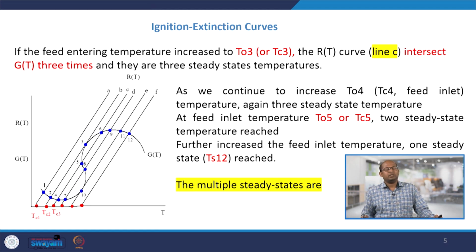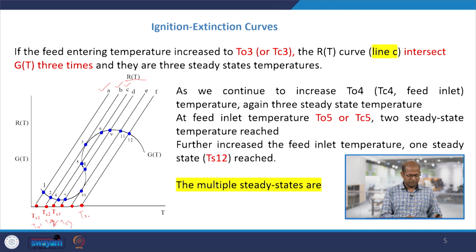Similarly, if we increase the feed inlet temperature gradually, like A and B that we have already discussed, then C means the heat removal lines, the RT lines, as we change T01, T02, T03 and so on up to T06, the feed inlet temperature.